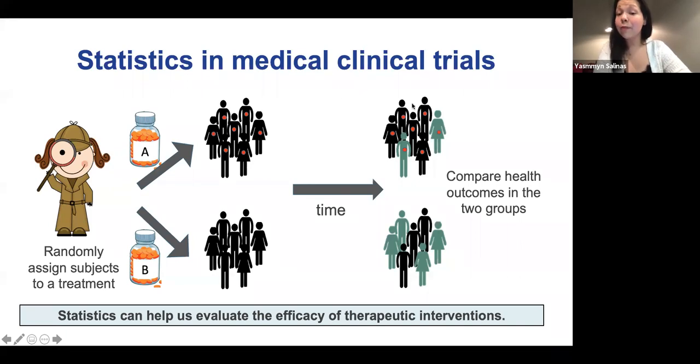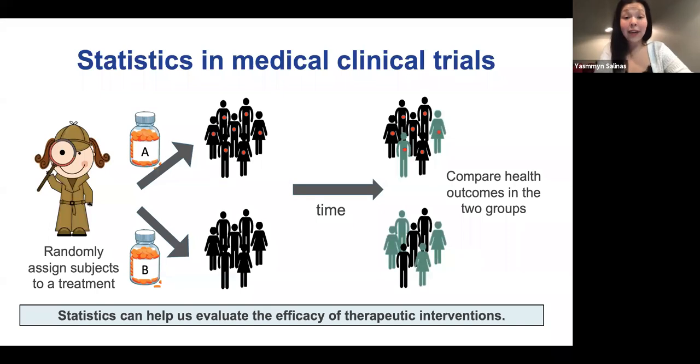Here we have more people getting cured. Here we have more people that die because the drug did not work. So we're not giving them any poison or harmful agents. We're giving them two different drugs, and through statistics and by observing their outcomes, we can see which drug has the better outcomes for people.